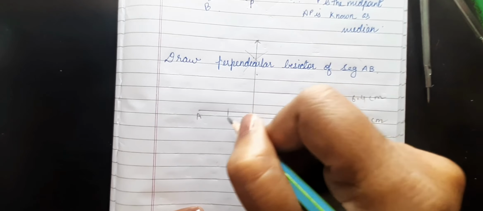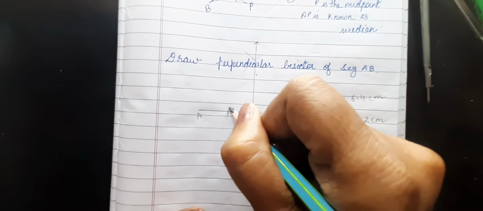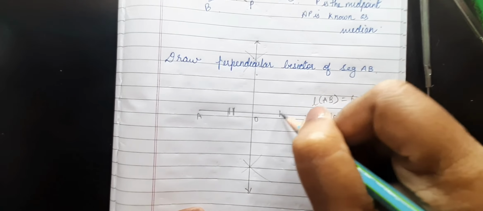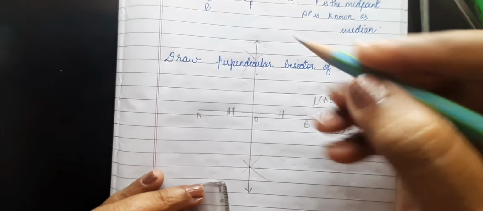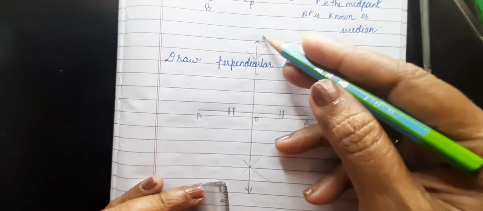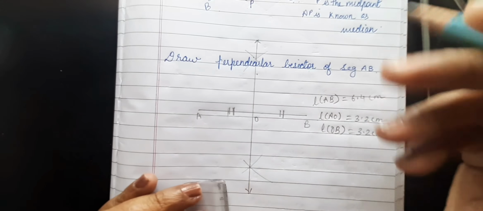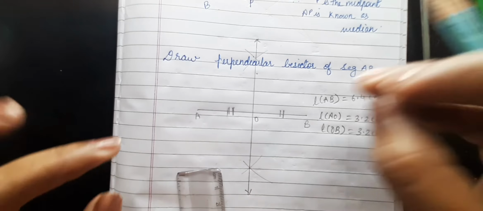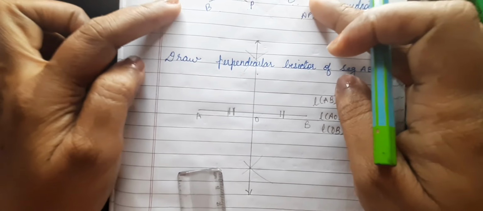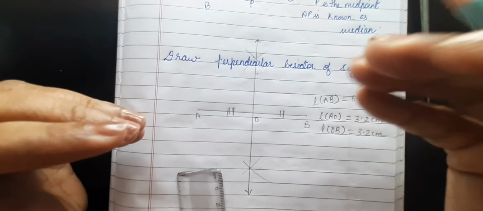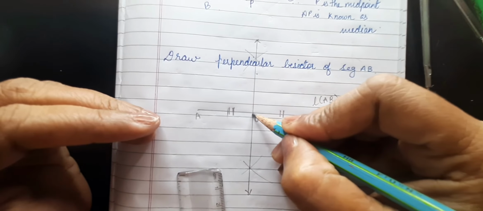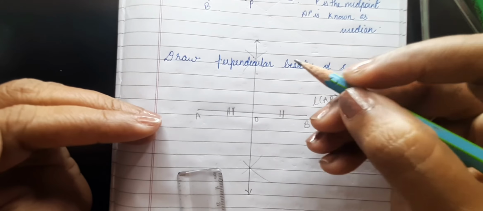From this, what do you observe? The length of AO is equal to the length of OB. What is this line doing? This line is dividing AB into two equal parts. We are going to use this concept to draw the median. With the perpendicular bisector, we only get the midpoint. For that purpose we are drawing it.